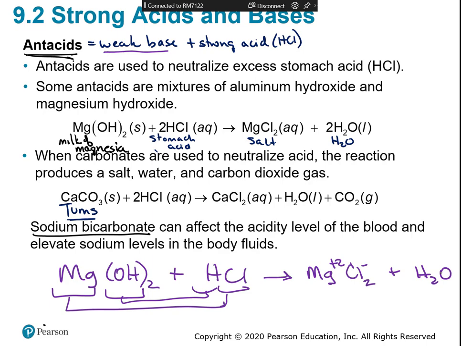You chew them up and swallow them and wait a little while. 10 to 15 minutes later, what do you commonly do? If carbon dioxide is produced in your stomach, burp. Yeah, it's a gas. That would be a common reaction that you may have: you may notice that you burp a couple of times. That's actually the carbon dioxide that's produced in the stomach as that carbonate is neutralizing the excess stomach acid.